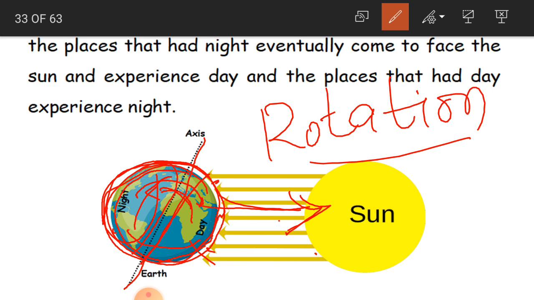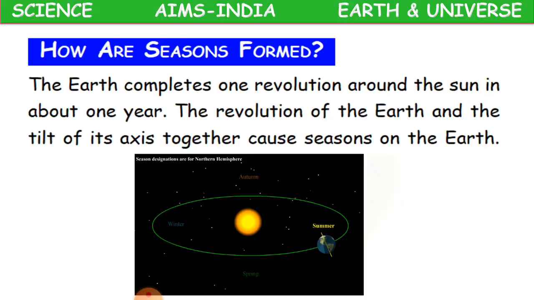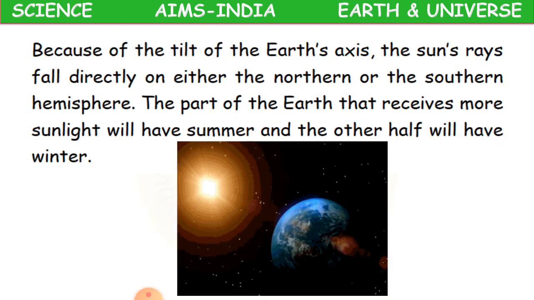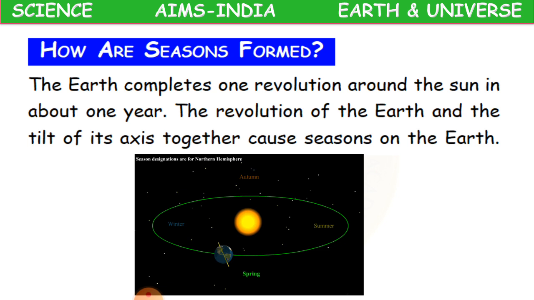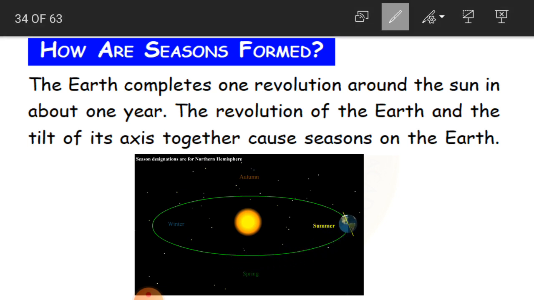When the earth is going to rotate around itself, then this is called rotation. And now here, when the earth is going to take rounds around the sun, see here in the picture, then this is called revolution.